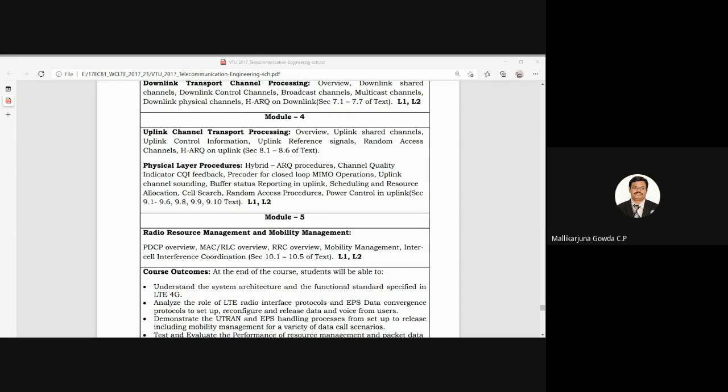Kusmakar Patil? Yes, sir. How many layers are used in TCP/IP? Any idea?